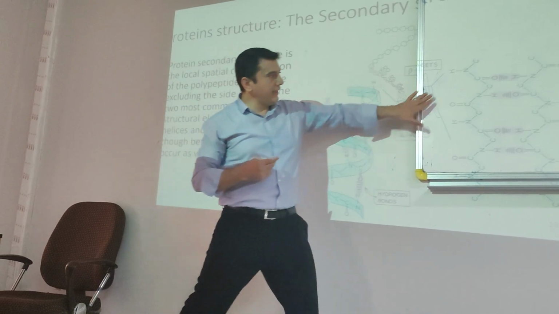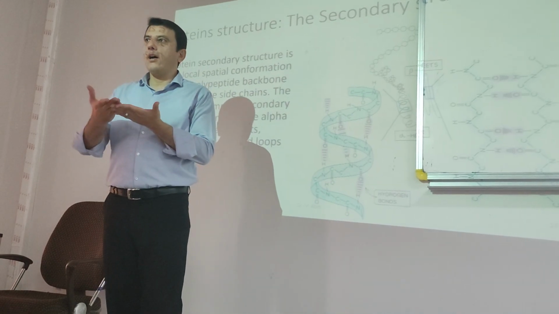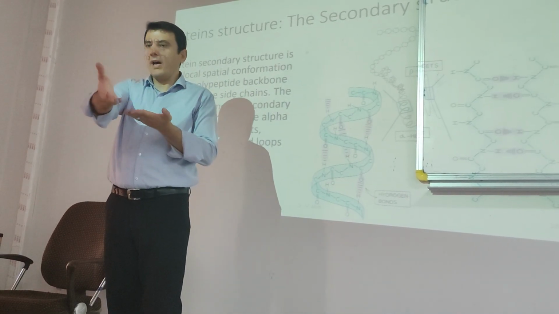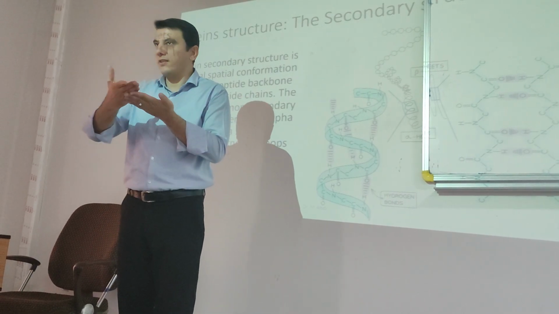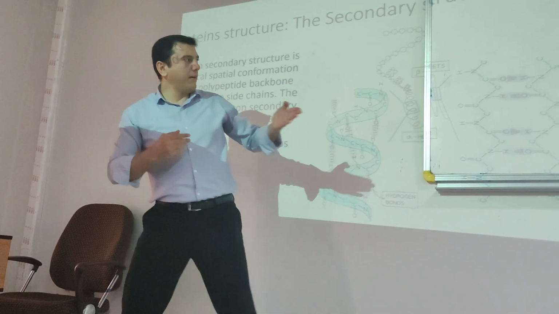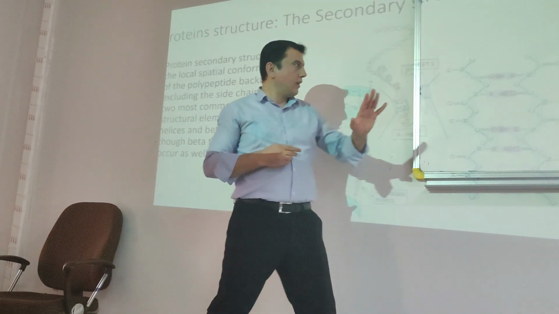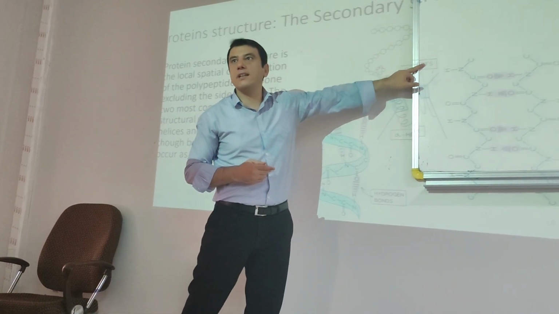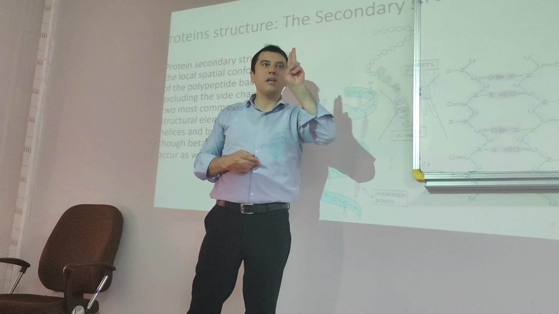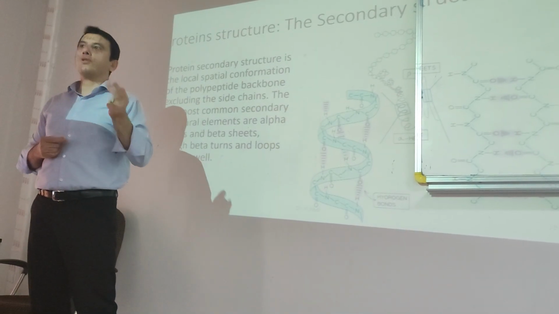The second one is like a sheet, and we named it beta sheet. So, alpha helix and beta sheets are two main secondary structures of proteins.